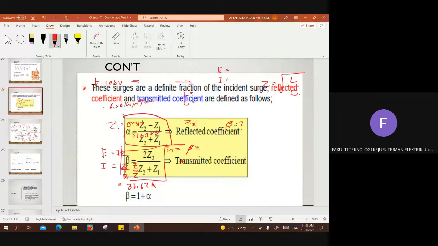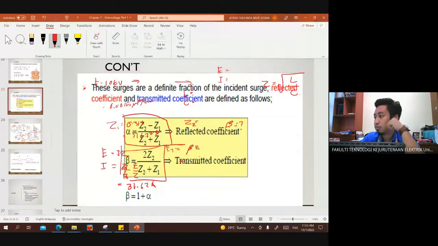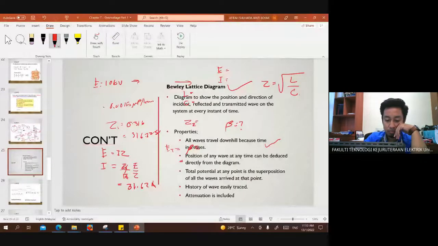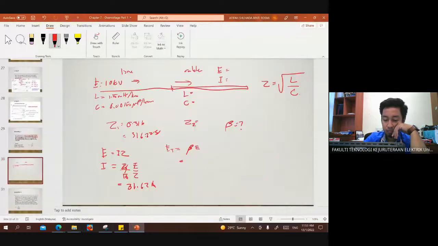Tengok balik dekat slide nombor 23 tu. Okay. Sudah berapa nilai beta? Transmit berapa?